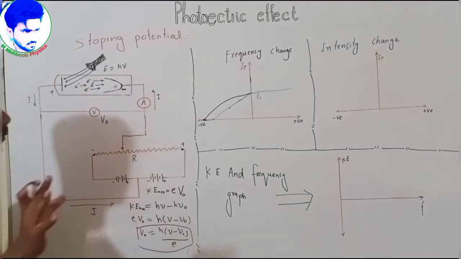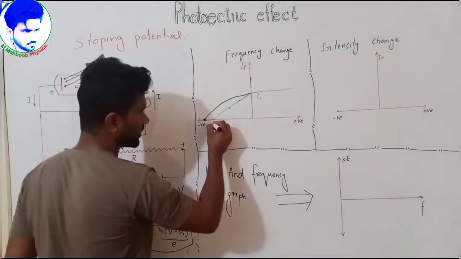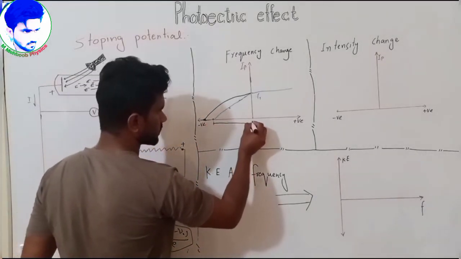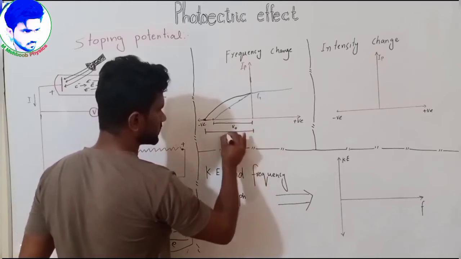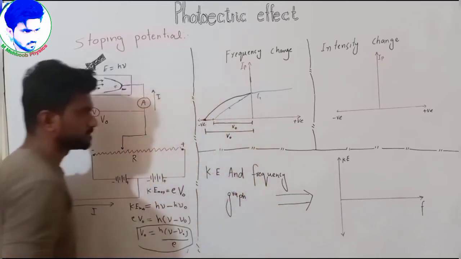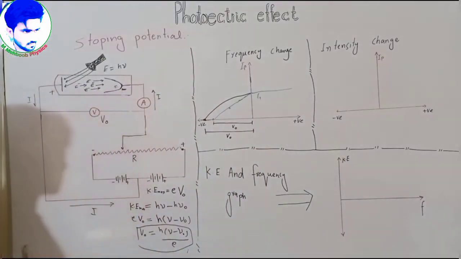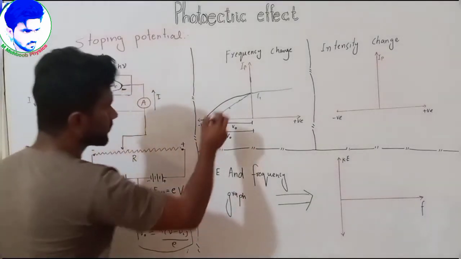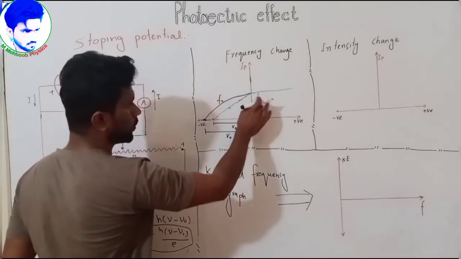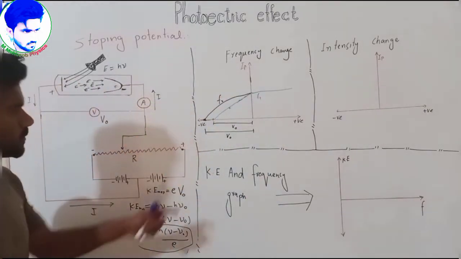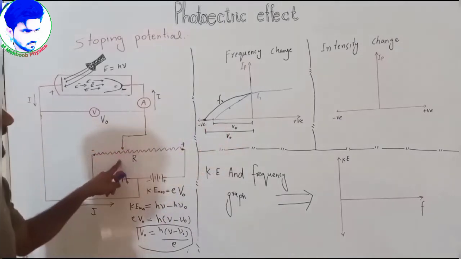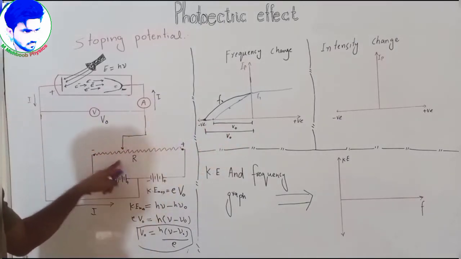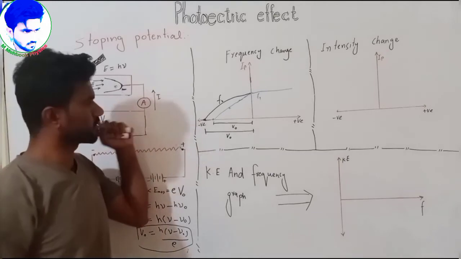So there are two values of the stopping potential here. This is the value of the stopping potential, and this is also the value of the stopping potential. If the frequency is low, like the f1 value, then this is the value of the stopping potential. We require a low stopping potential to stop these electrons.